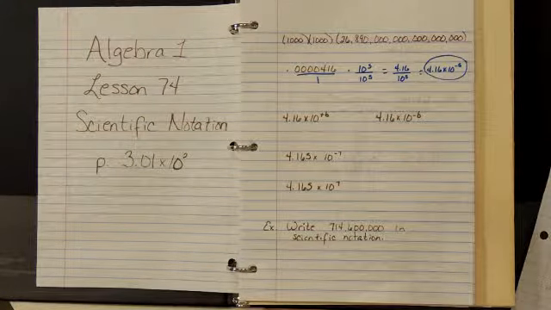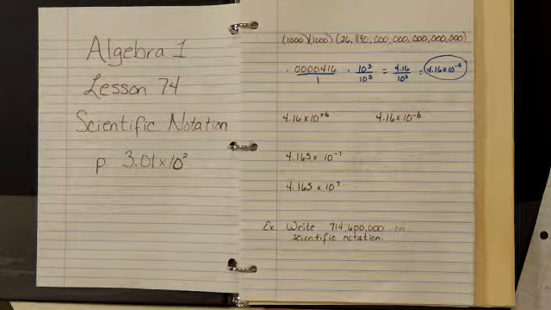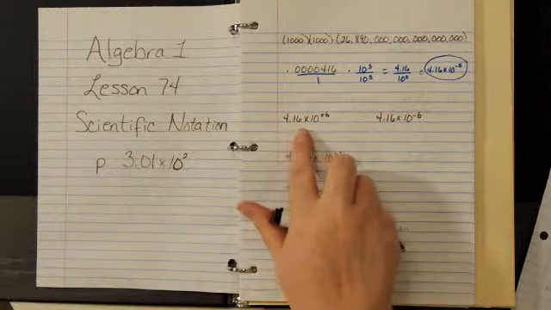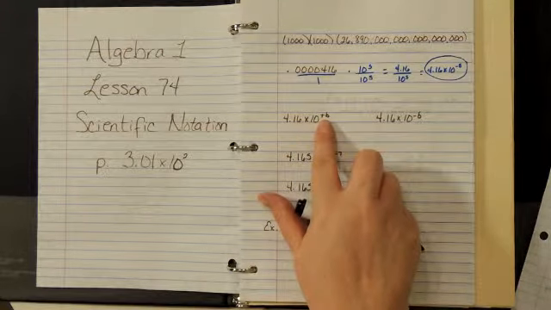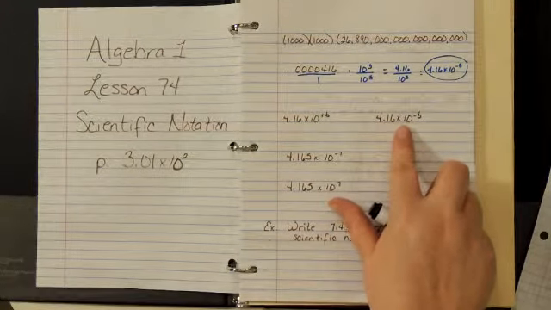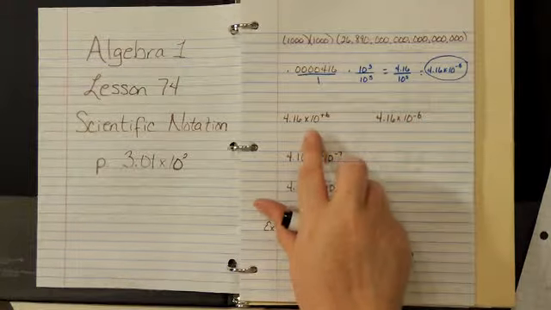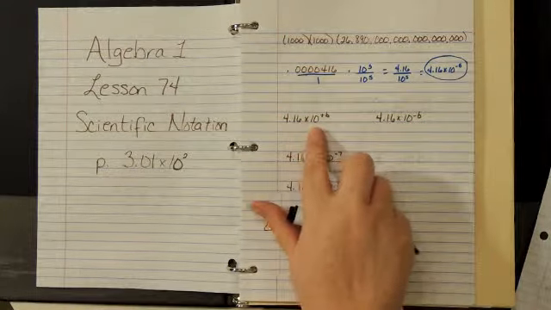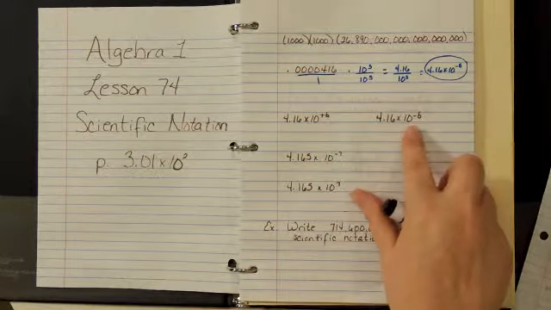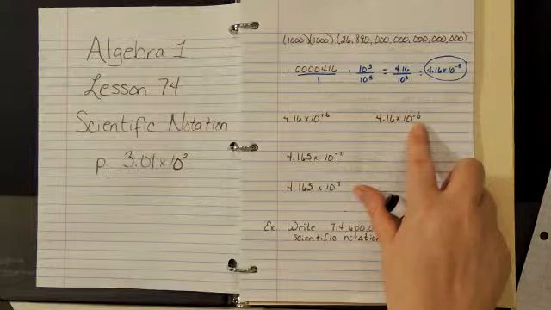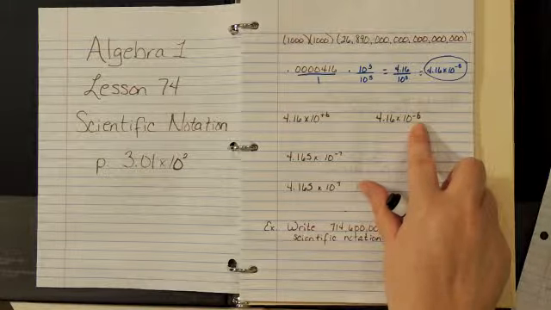There's an easier way to do this. When we look at numbers in scientific notation, such as 4.16 times 10 to the positive b, or 4.16 times 10 to the negative b, we're going to think of the 10 to the positive b, or the 10 to the negative b, as a decimal point indicator.